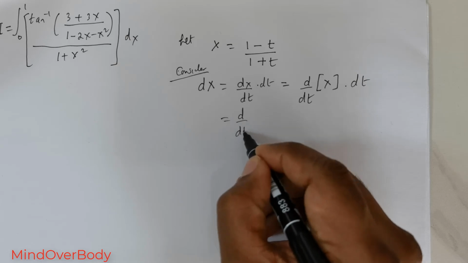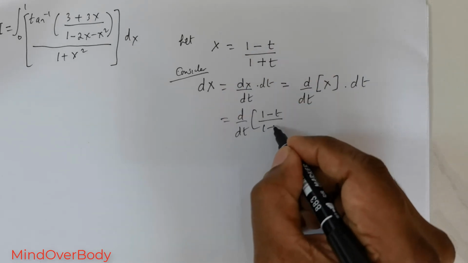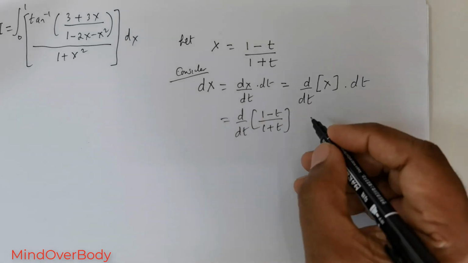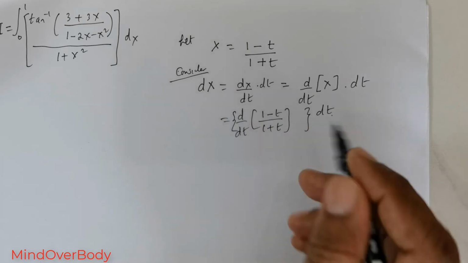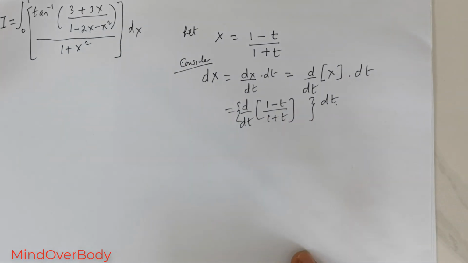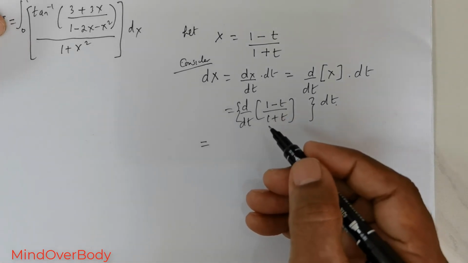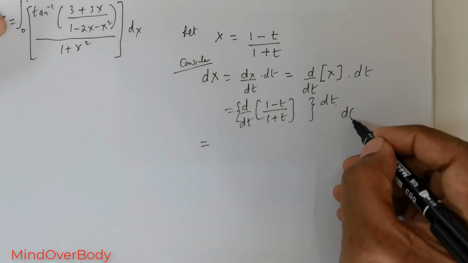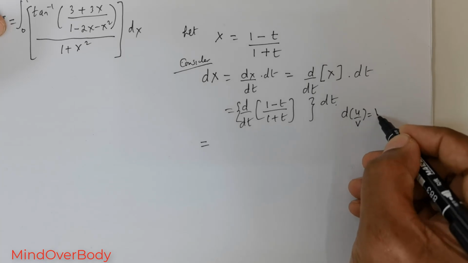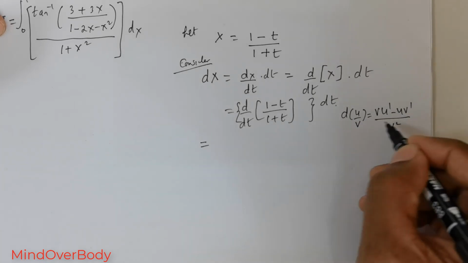So ultimately what am I doing? I am going to be differentiating x, which is (1 − t) divided by (1 + t), with reference to t, and then I will multiply it with dt. So now I got a neat expression. Let me just differentiate this. I would have to use the u over v form, which is nothing but (v times u dash minus u times v dash) divided by v squared.